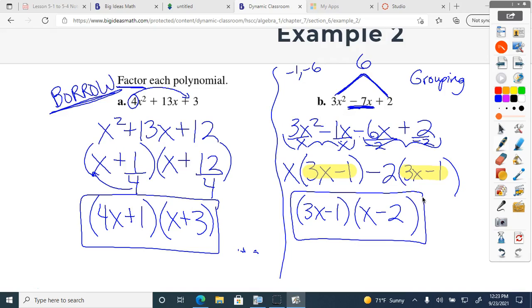Okay? So, we call this grouping because you group them together. This one's called borrowing because you borrow it and then have to put it back later. Again, do I care which way you do it? No, I do not. It's up to you. I kind of grew up doing it this way.